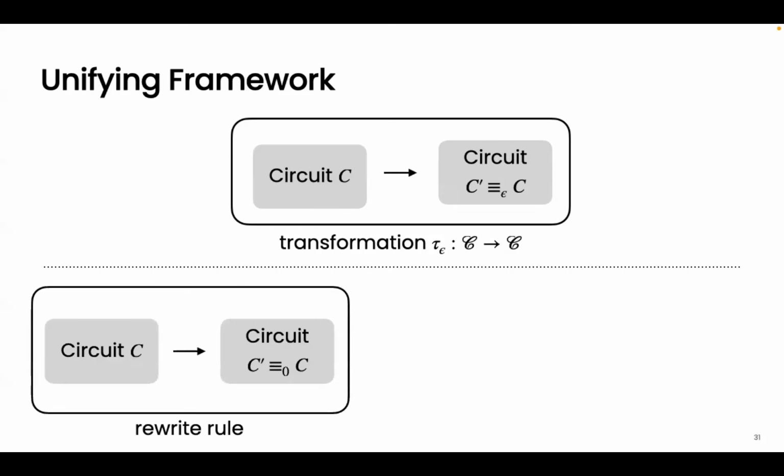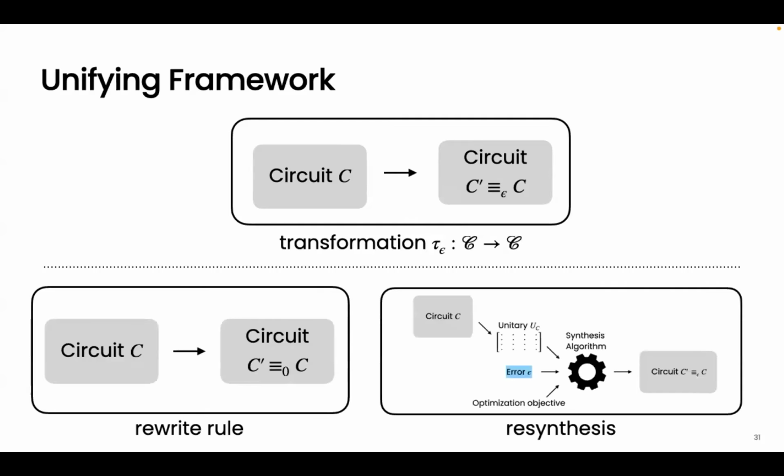So under this framework, a rewrite rule is very simple. You just instantiate the epsilon with 0 because they're exactly equivalent. And then for resynthesis, it matches the signature exactly based on this. And so now you have this framework where both of these optimizations are the same. And so what can you do with that?